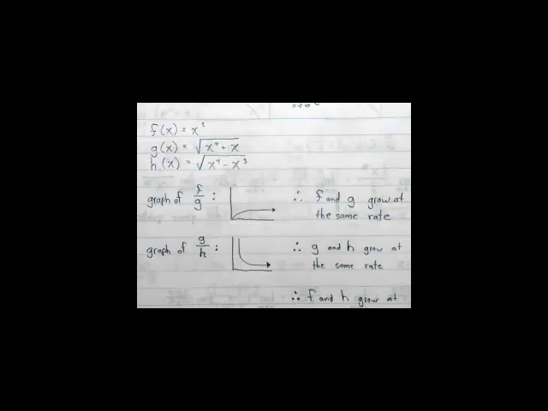Same kind of thing. F should grow more slowly than h. So you can use that transitive idea with more than two. You just have to use the first and second, and the second and third comparisons, and then you can use whatever the results are to line them up from least to greatest. Or if they're all the same, like this one, you can just say they're all the same.